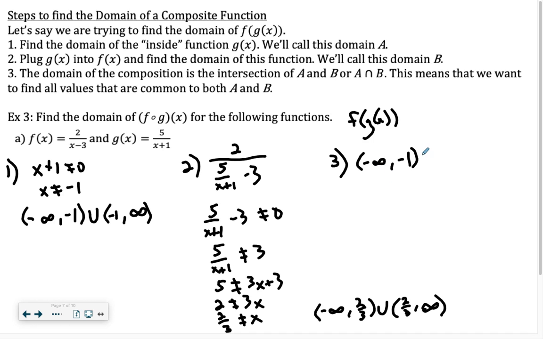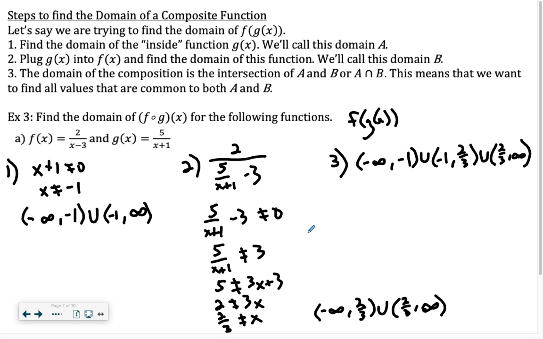So negative infinity to negative 1, union that with negative 1 to 2/3, skip that value, and then 2/3 to infinity. So the domain of f of g of x would be this. It's all real numbers except -1 and 2/3, right?